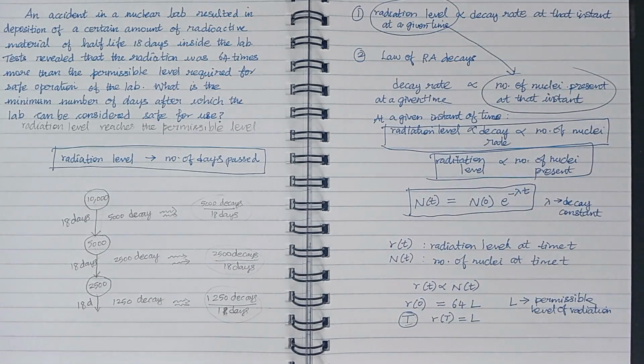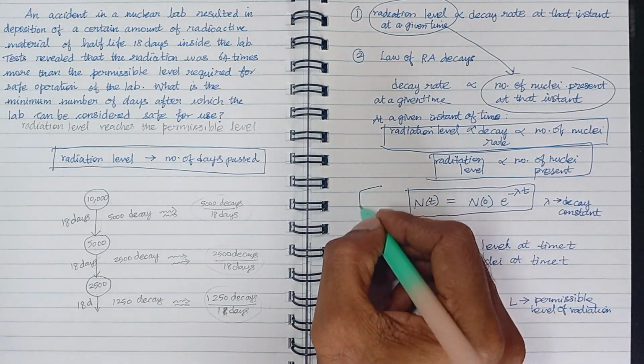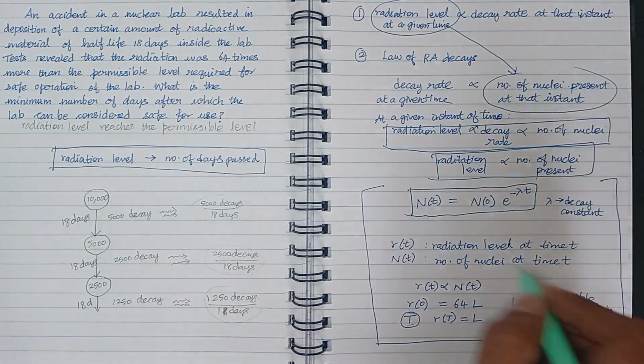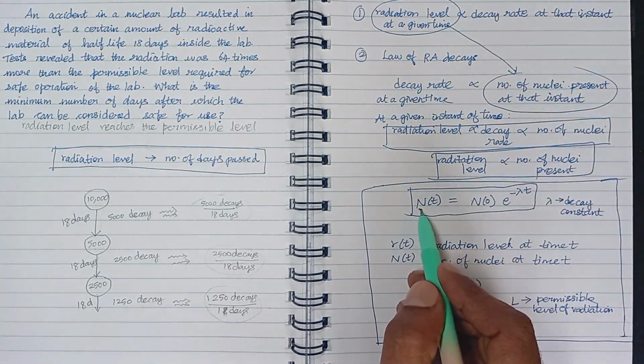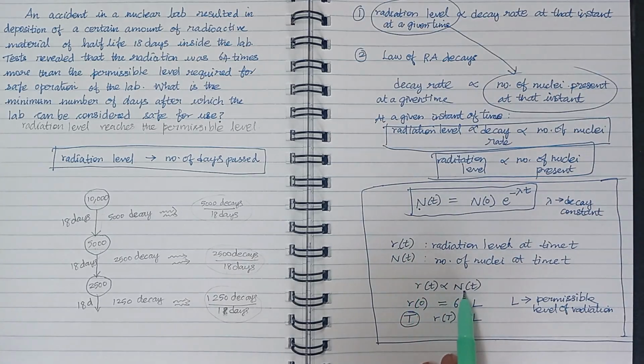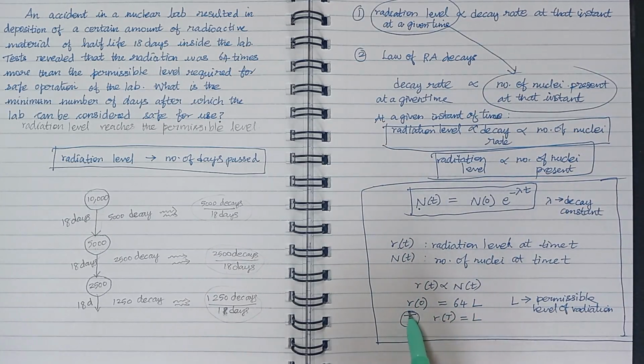This is what we are required to find. This constitutes the mathematical formulation of the problem. We have n of t and r of t, which is not yet defined. We don't have the equation actually, but we know r of t is directly proportional to n of t, and in the problem it is given r of 0 equals 64L, and we are required to find T such that r of T equals L.